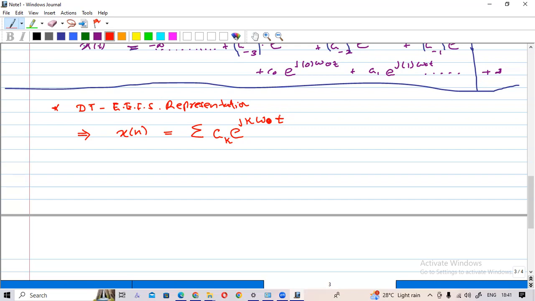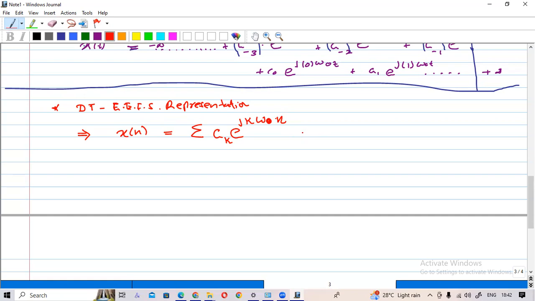What is the variable we use instead of T? That is n, the sample number. So this is the Fourier series representation for a discrete time signal.